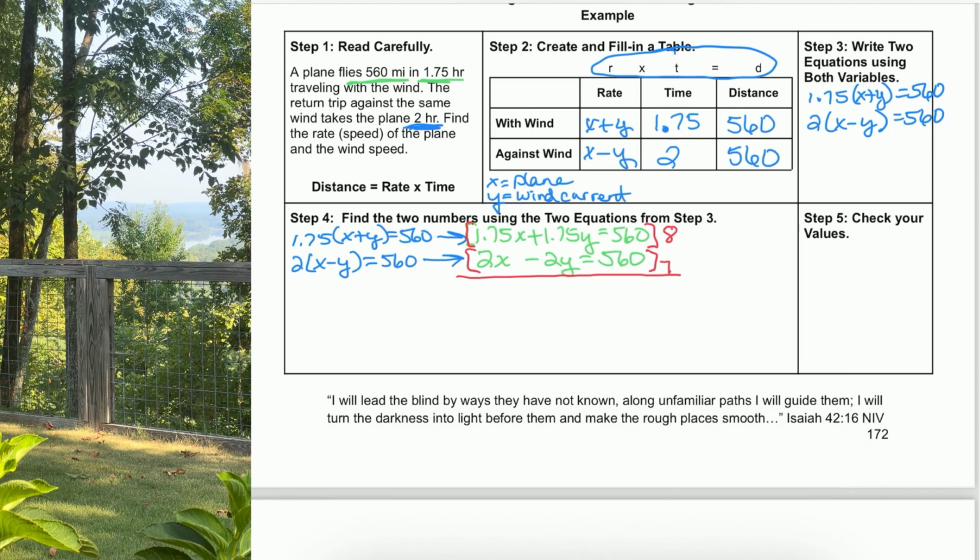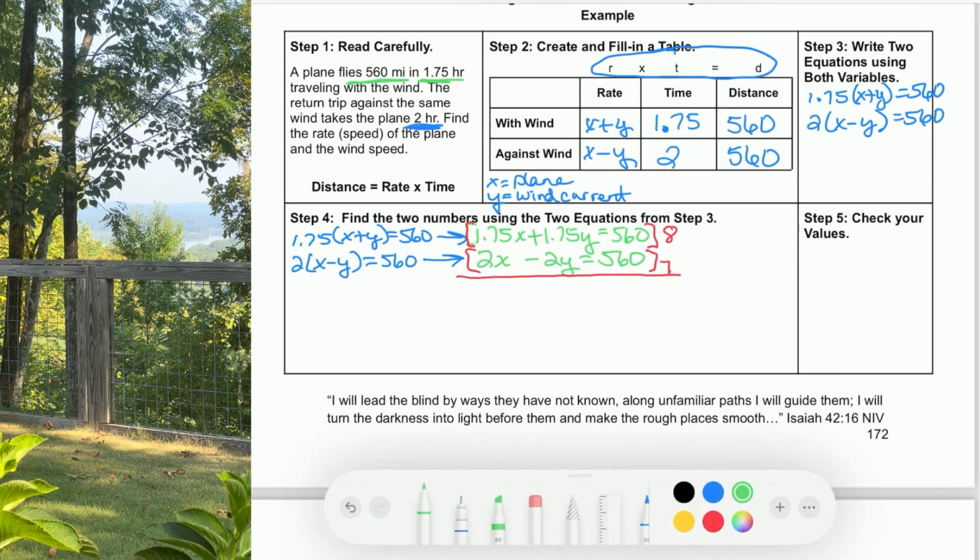All right, so 8 times that 1.75 gives us 14x. 8 times the other one is going to give us a plus 14y. And then 8 times that 560 is 4,480. 7 times that 2x is going to give us 14x. And then we get negative 14y when we multiply it. And 7 times 560 is 3,920.